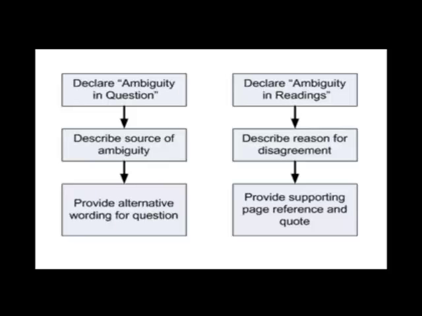They may have gone to additional resources, or the readings may contradict themselves, and all they need to do is go into the readings, find those page references and quotes, and get those onto that appeals form, and I'll consider that after class. The appeals process is a very powerful thing.